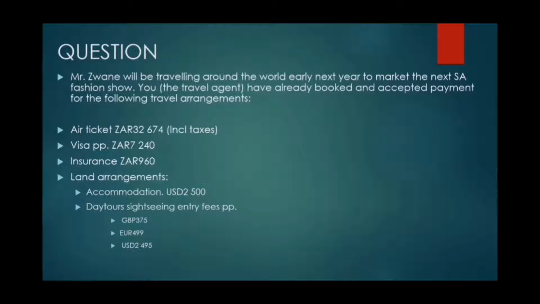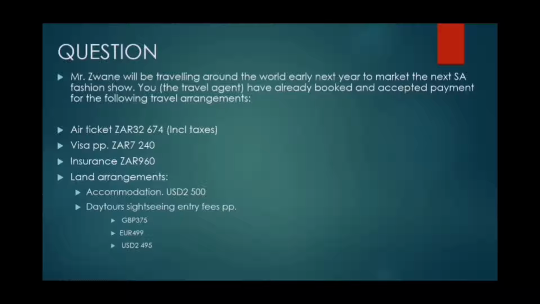Now, remember, travel arrangements is everything that Mr. Zwane, your client, will be paying for this particular trip. And then your land arrangements are the ones that are written in foreign currency, which are prepaid in a foreign currency before your departure.